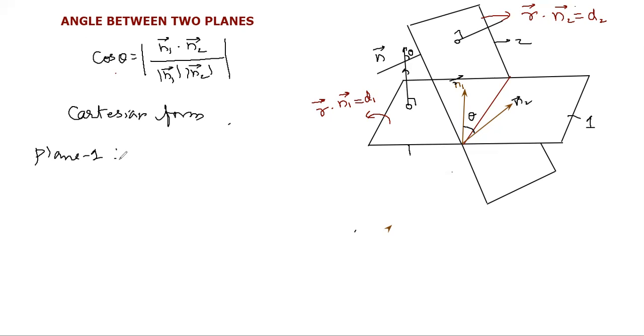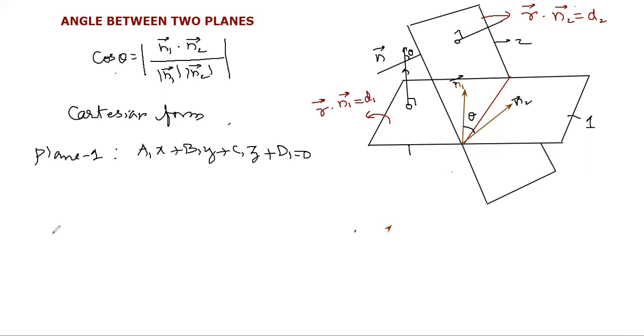Plane 1 has the equation a1x plus b1y plus c1z plus d1 is equal to 0.